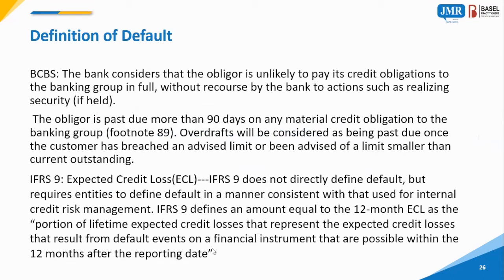Actually, IFRS 9 does not define what default is. What it talks about is expected credit loss. When you are talking about expected credit loss, if there is a credit deterioration, that is also a credit loss. That means if there is deterioration, your expected credit loss increases.